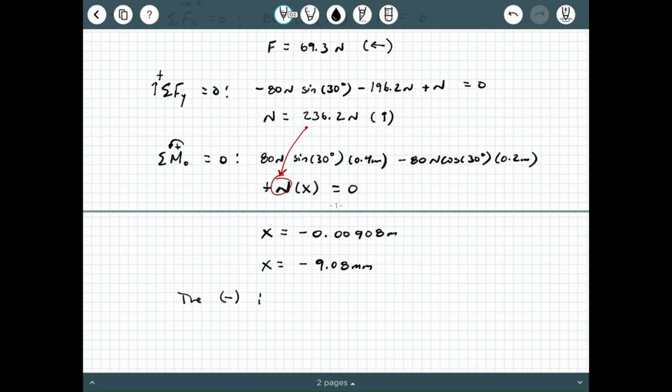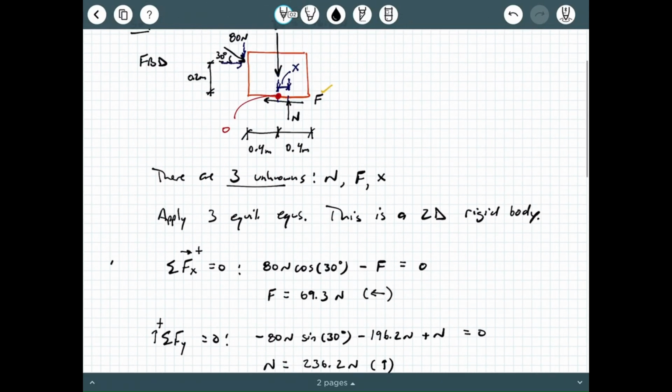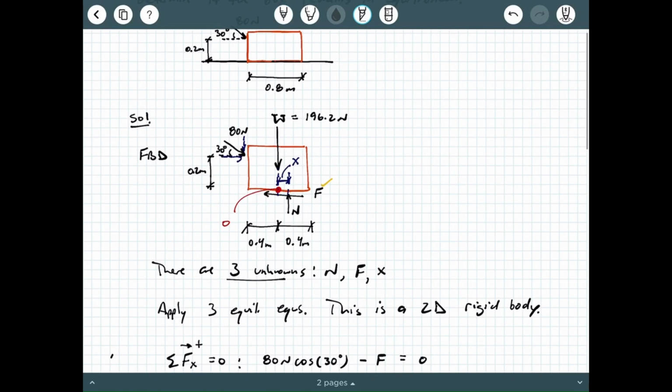Now, what does the negative indicate here? The negative indicates that X is actually on the left side of the origin O, okay?